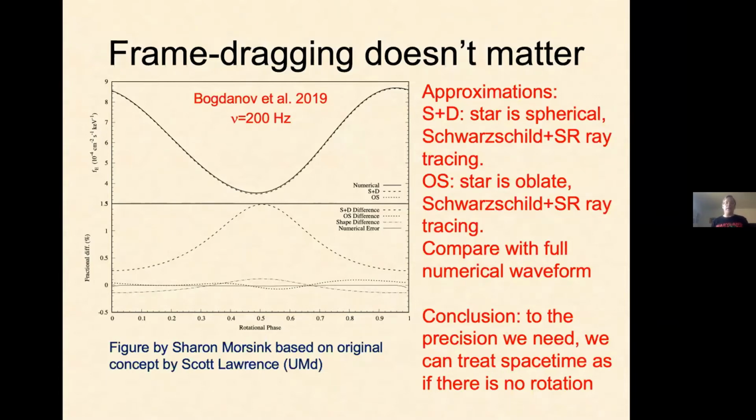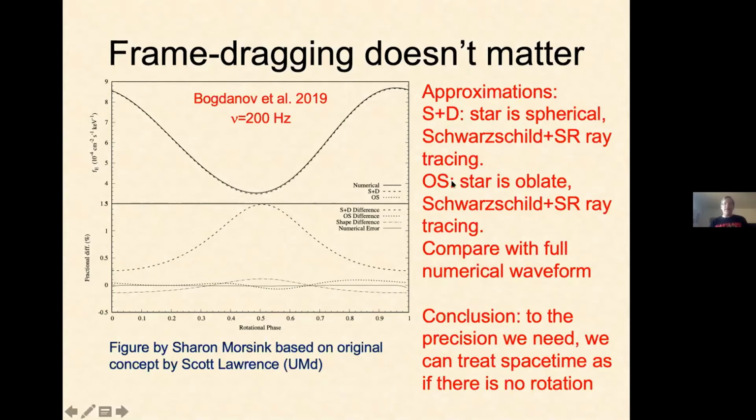Very time-consuming. But then we compare this with two different approximations. One, the so-called Schwarzschild plus Doppler, which Fred Lamb and I introduced in 1998. We assume the star is spherical, the external spacetime is Schwarzschild, but you do all the proper special relativity to trace from the moving surface to then the observer.